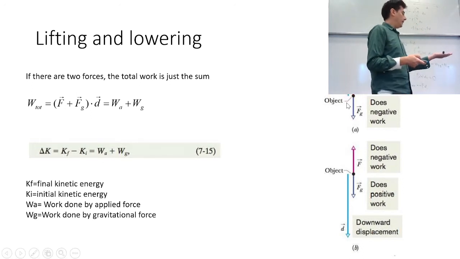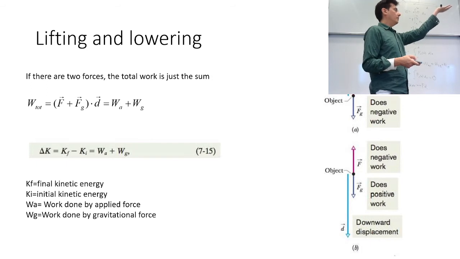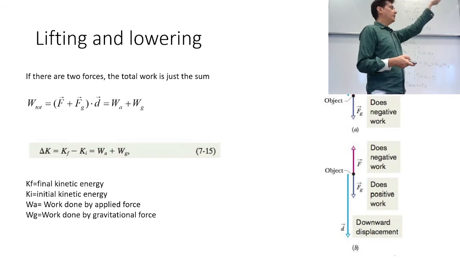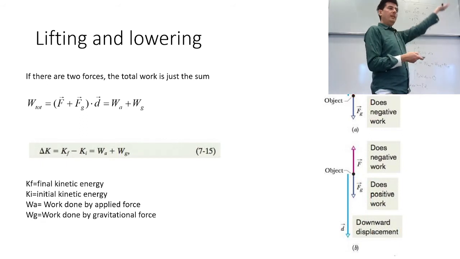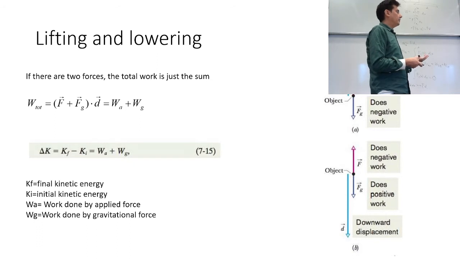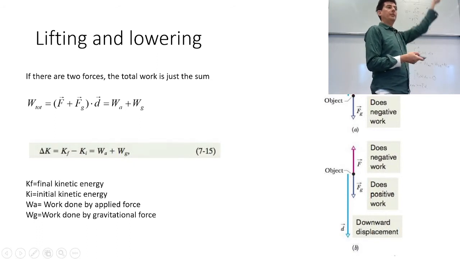Okay, so in this case, if I'm lifting this thing, then the work done by gravity is negative. That's just the same as what I just said in the previous slide, because the directions of the gravity and the displacement are opposite. But the work done by me is positive, because the force and the displacement are in the same direction, right?